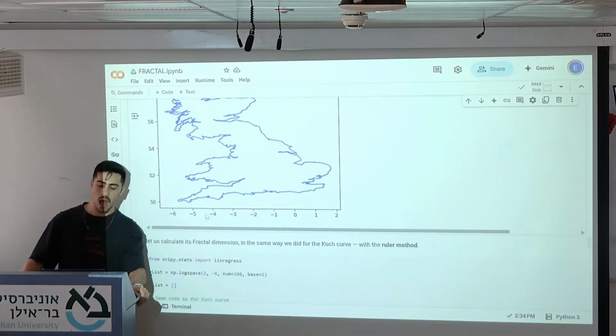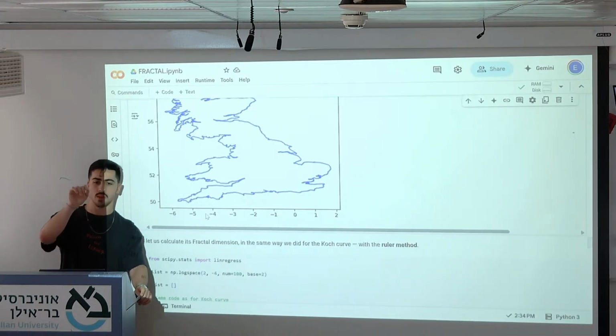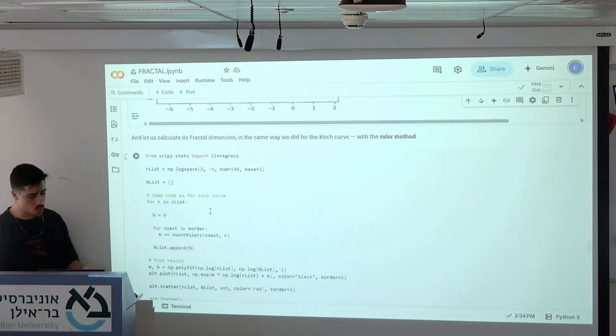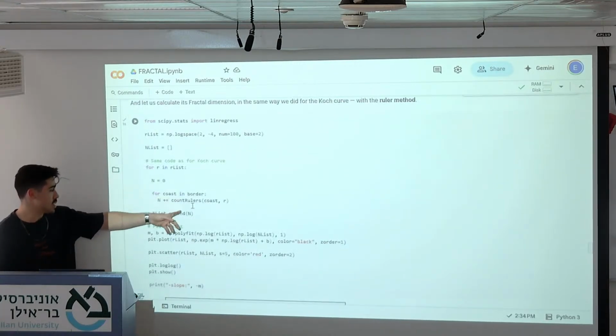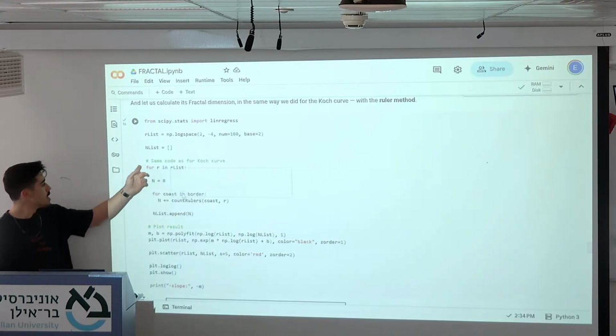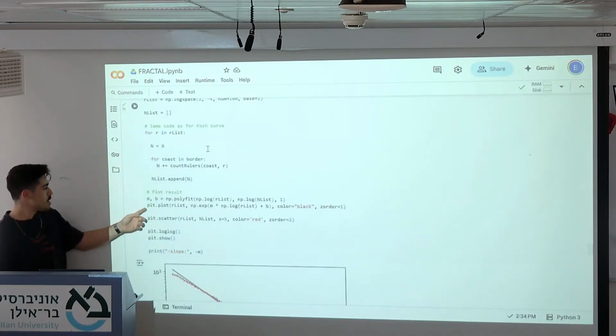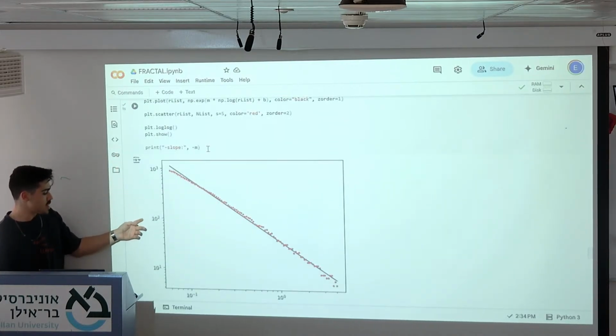And now I'm gonna do the ruler method exactly as I've done for the Koch curve. I go over the points, and whenever I find an R distance, I count a ruler, and then I keep going again. This even uses exactly the same function, count rulers, and we go over various R values, and we plot it, and we get this.